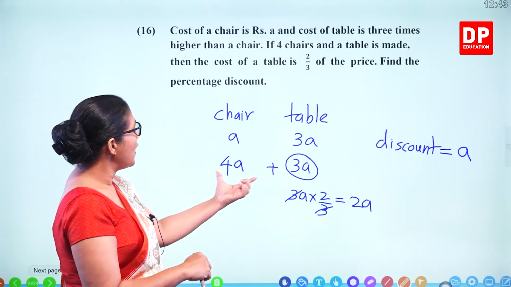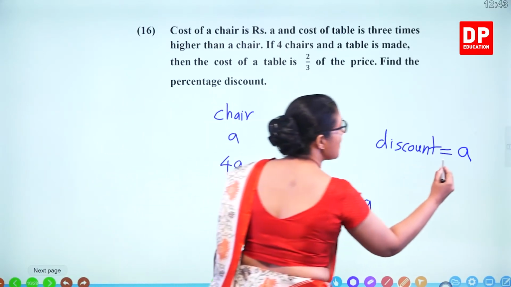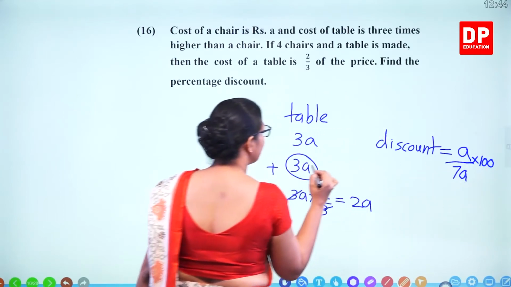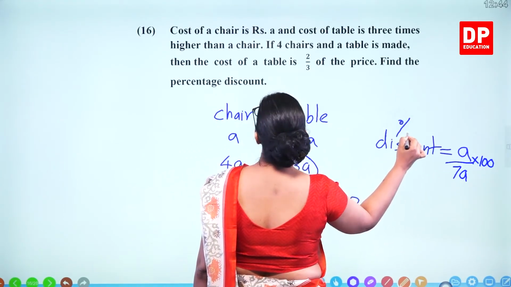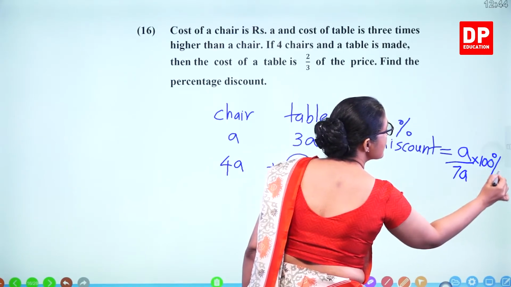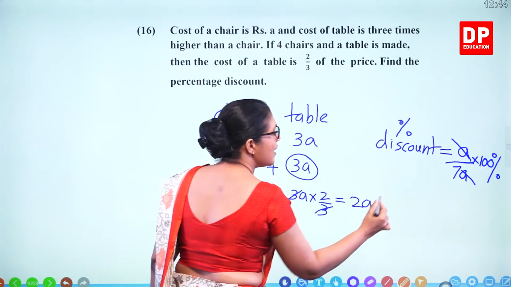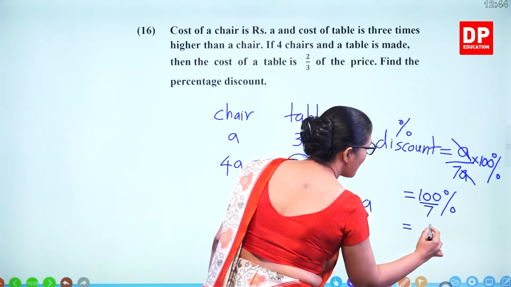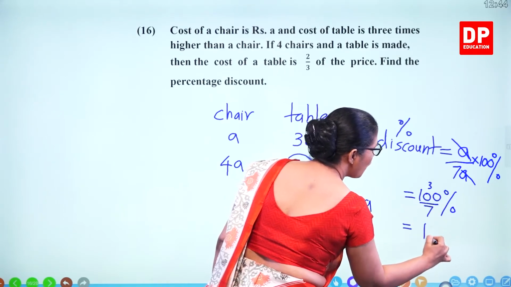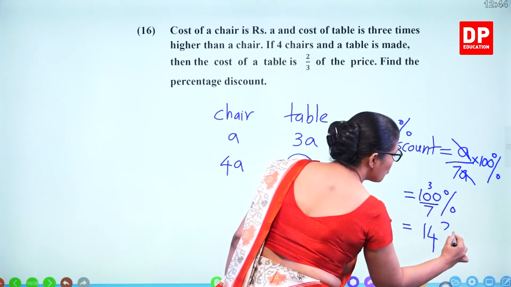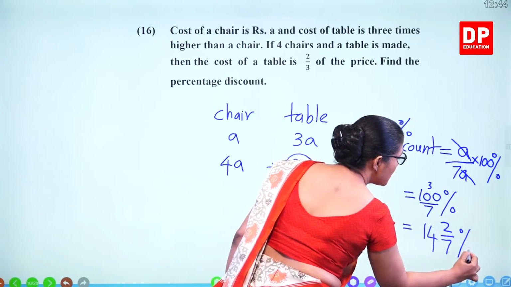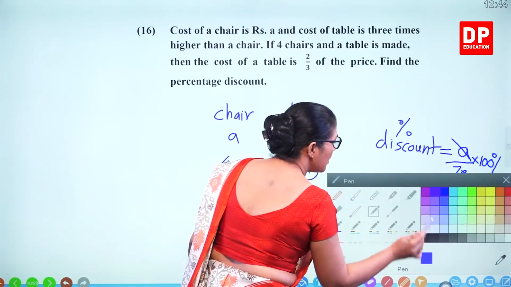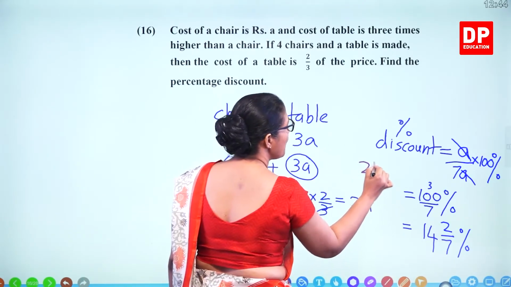So initial value, you can say 4A plus 3A, 7A, into 100. So percentage discount, so 100%. A gets cancelled out. That means 100 divided by 7. 7 times 1, 7. For 30, that's 4, 28. So 2 remaining, 2 sevens. 14 and 2 sevens is the percentage discount you are getting. So 2 marks for that.